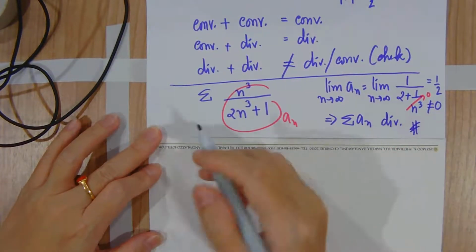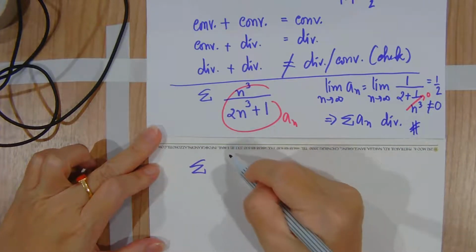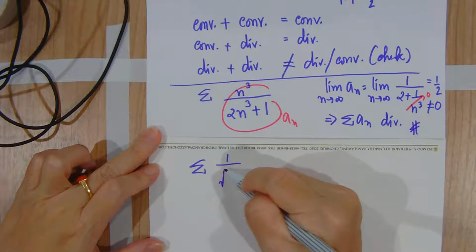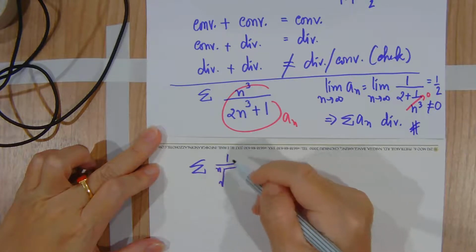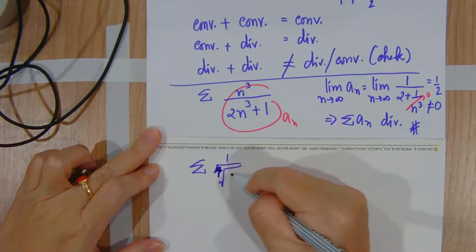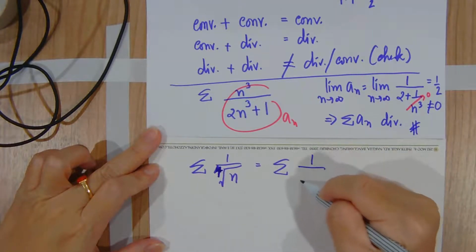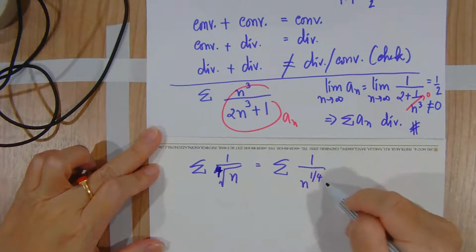For example, if you have the summation of 1 over the fourth root of n, or we can write it as 1 over n to the power of one quarter, this is a P series.